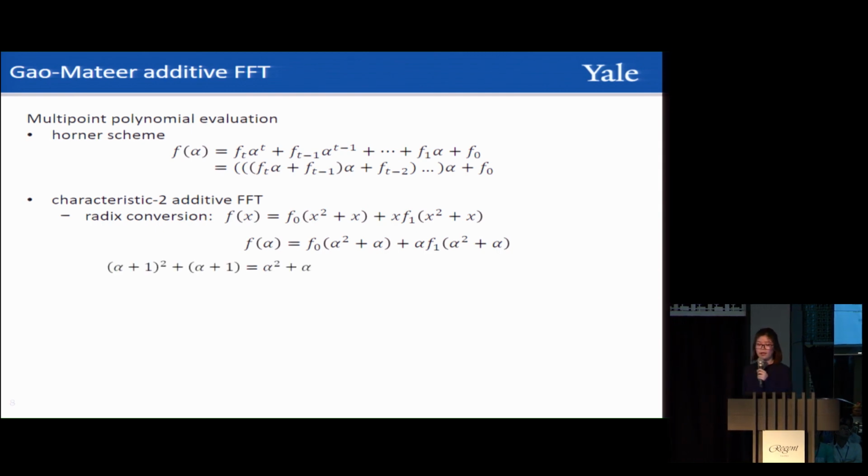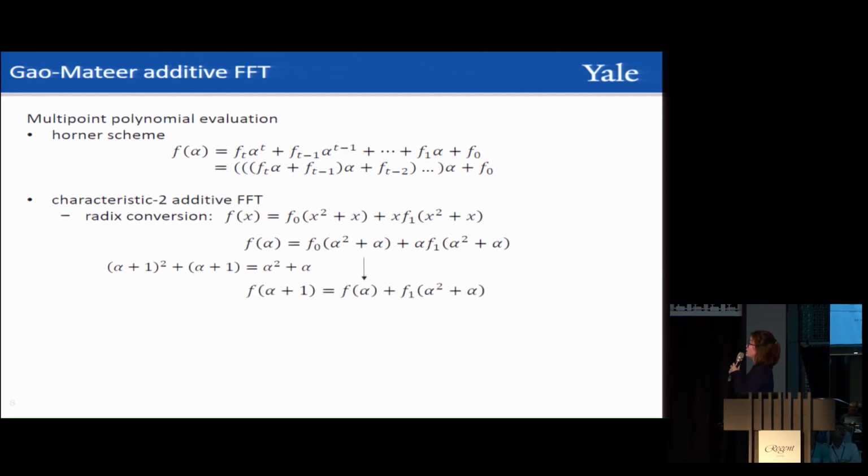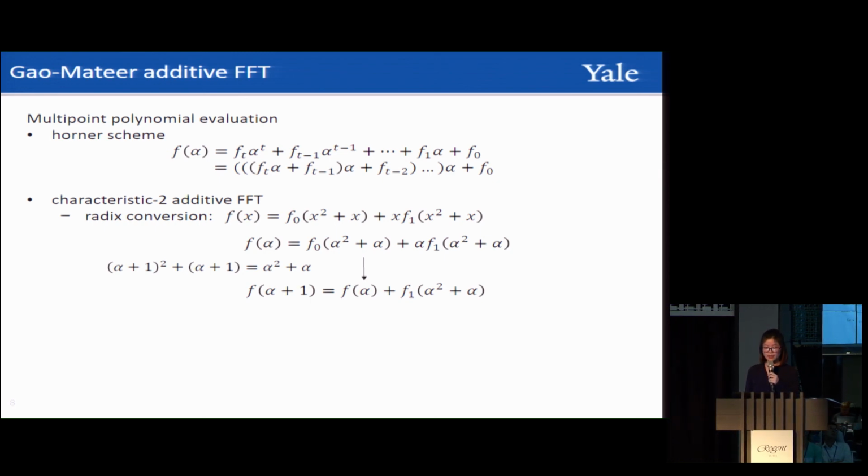And since we're working in a binary field, this equation holds, because 2 times something just disappears in a binary field. And then we can see that the evaluation of the polynomial at point alpha plus 1 can be easily calculated if we already know f(alpha). We only need one extra addition operation, which is very cheap in hardware.